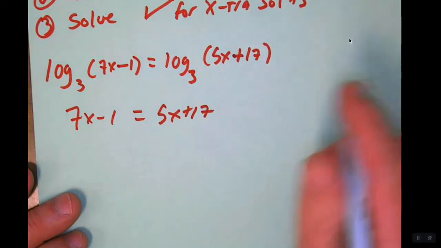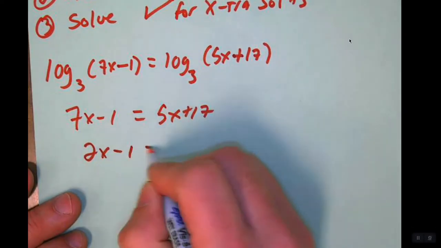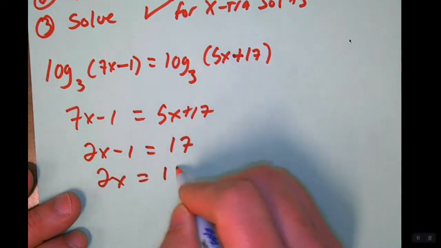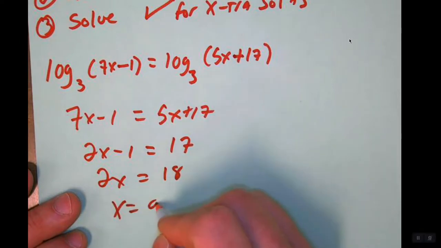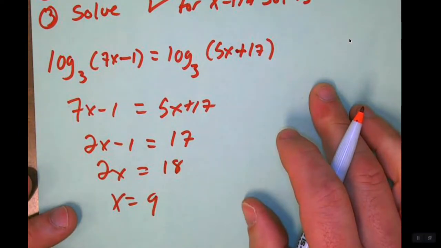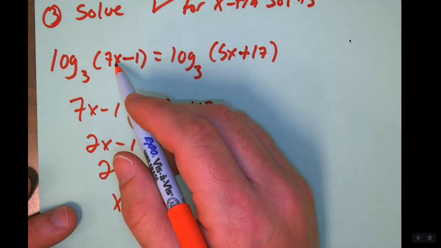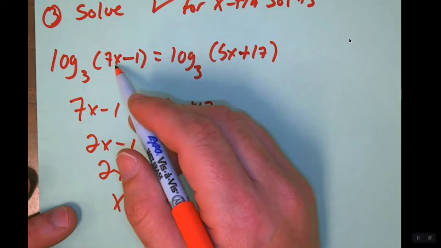So we'll subtract 5x, so we get 2x minus 1 equals 17. Add 1, 2x equals 18, so x is 9, right? So you probably want to plug that in. We plug that in. 7 times 9 is 63 minus 1.